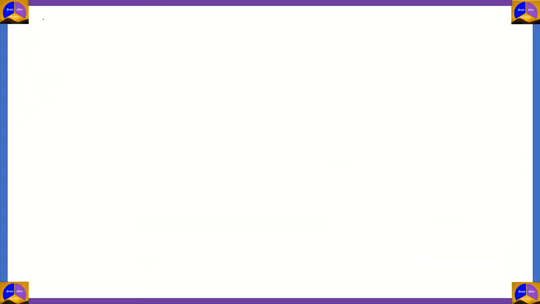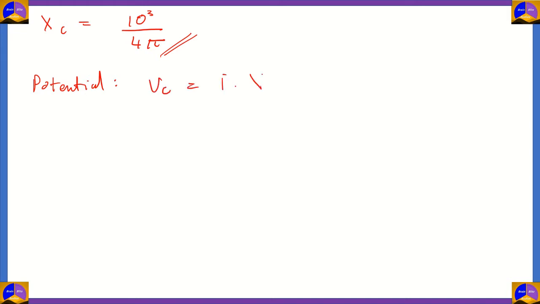So now we have the value for XC as 10 cube divided by 4 pi. So this is the value of the capacitive reactance. Let's go on and calculate our potential. The potential VC is equal to I times XC, which is equal to 2 into 10 raised to minus 3 times 10 cubed divided by 4 pi.